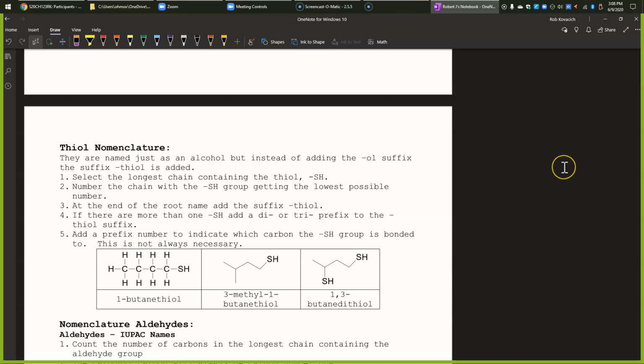So thiols are just like alcohols, except I substitute the O out for an S, and the THI is an old nomenclature for sulfur. So if you have something like 1-butane thiol, what I immediately think of is this smells.